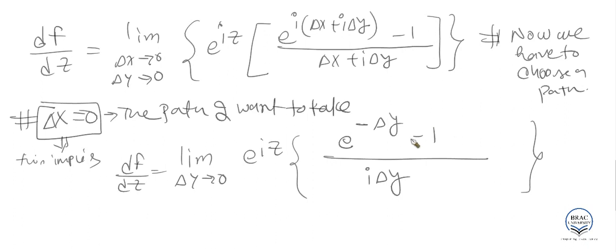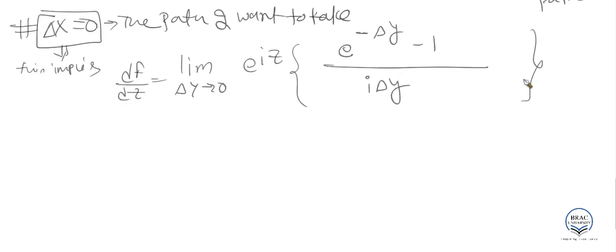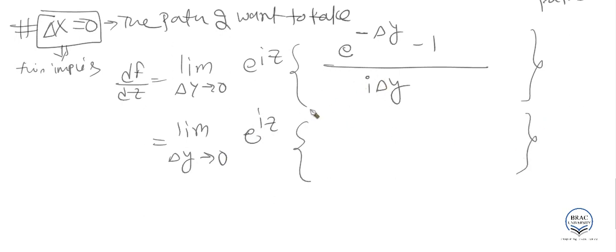minus 1. Now there is a nice thing about this expression over here, because you have exponential of a real variable, that is del y. So now you can use the power series. So again, write all these things down. Also you can take out this i outside, so let's do it.